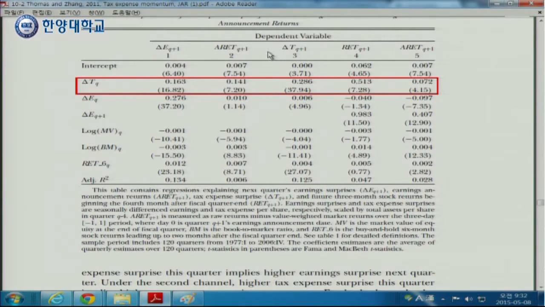And this is something we know. This is a return from today to next quarter. So if there is a positive tax expense surprise, then if we invest $1 today, for the next 3 months we can make money. Okay, so this is an interesting part.